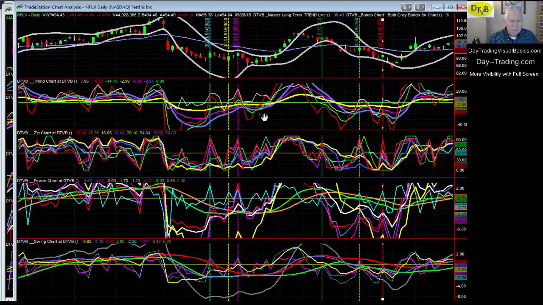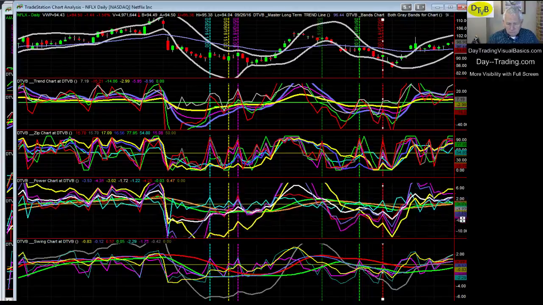So you really can't tell a whole lot from a doji candle. Narrow-bodied candle is what a doji is, if you're not familiar with it. And so those are 6 examples of red peaks that I wanted to share with you.